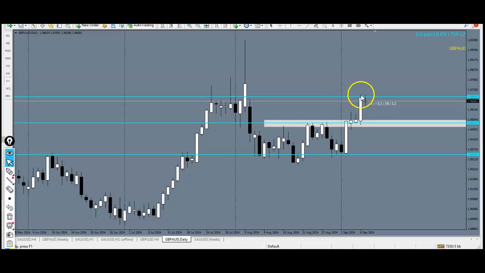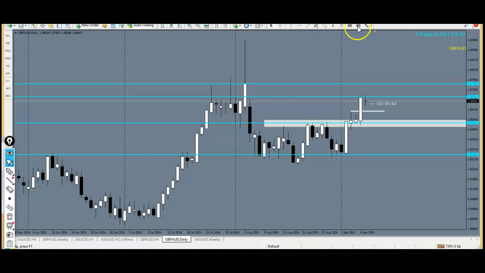We expect some sort of pullback, either to this zone, which is the weekly zone, or another smaller level here, that price will come into and then continue upwards. So our initial target for going up, if we look to the left, we'll take this close where these candles closed last time.